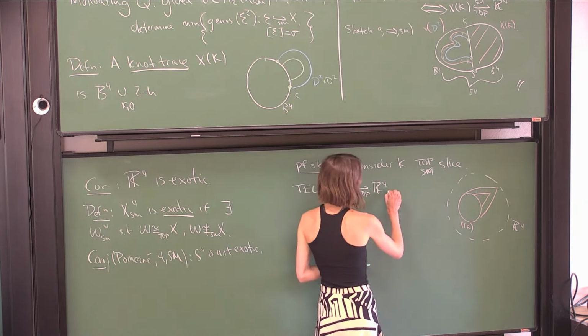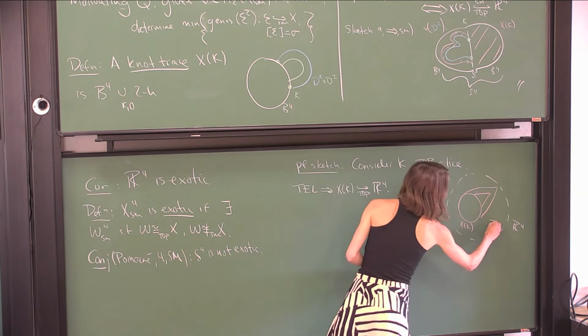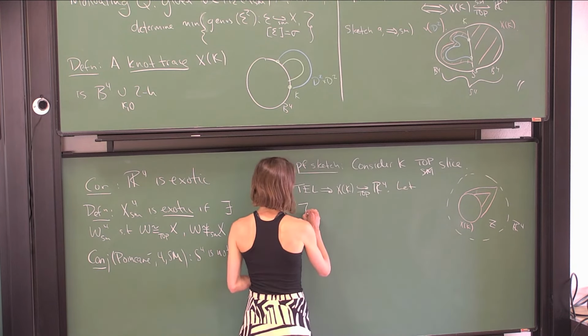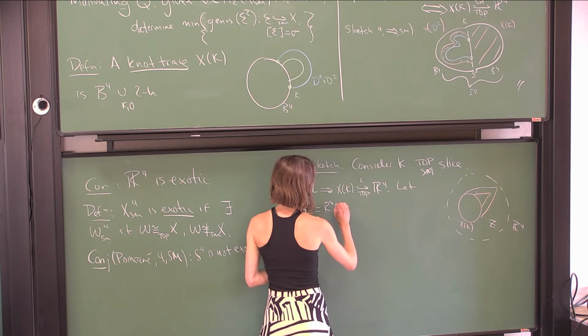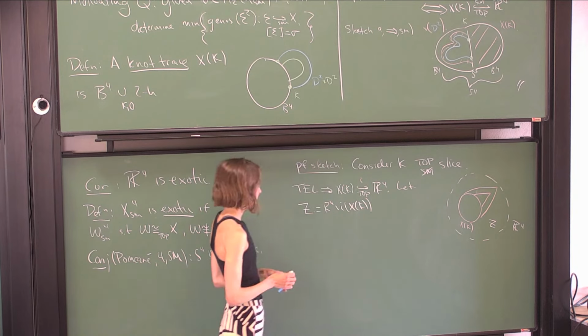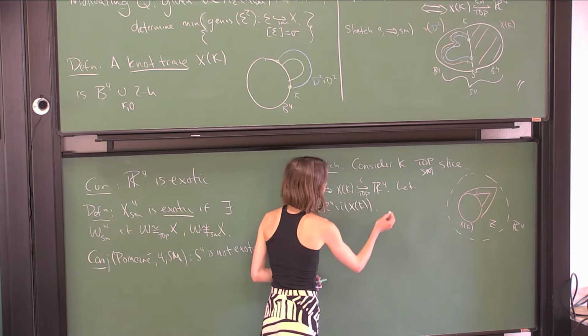So since I have this embedding, I can consider its complement. So we're going to let Z be R4 minus that trace.